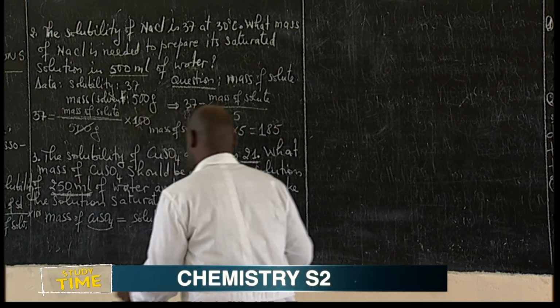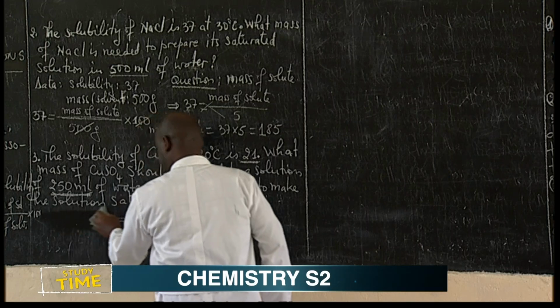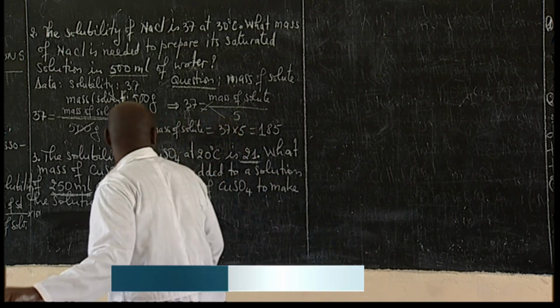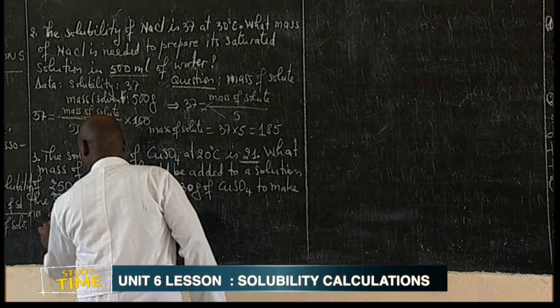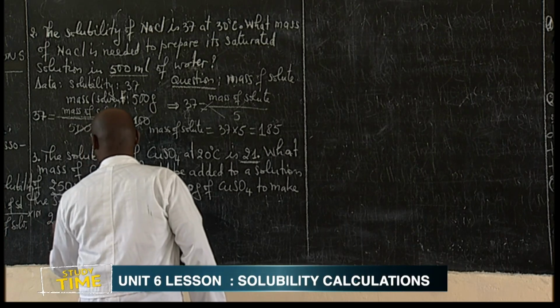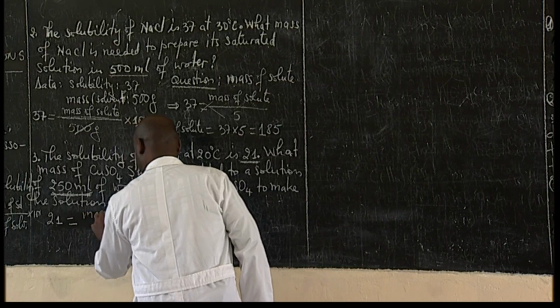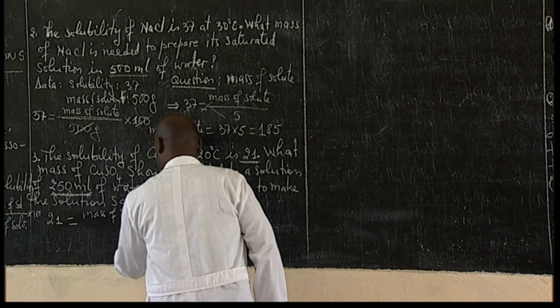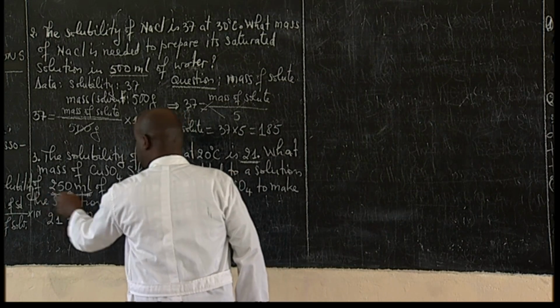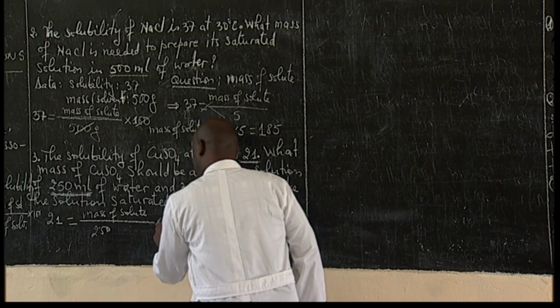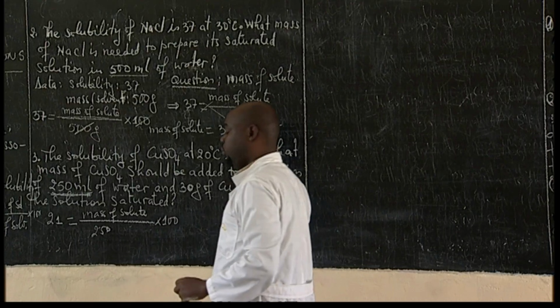Here the mass is given by, let us use the simple method. So we have our solubility, it's 21, which is equal to the mass of solute over the mass of solvent, 250 over 100.